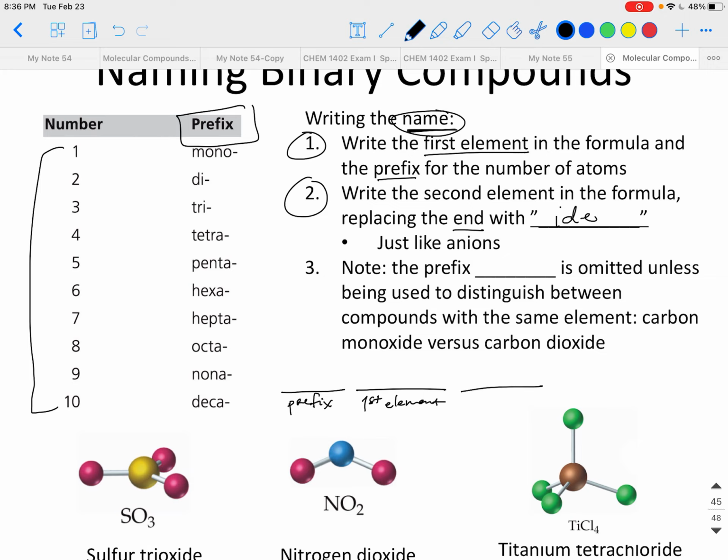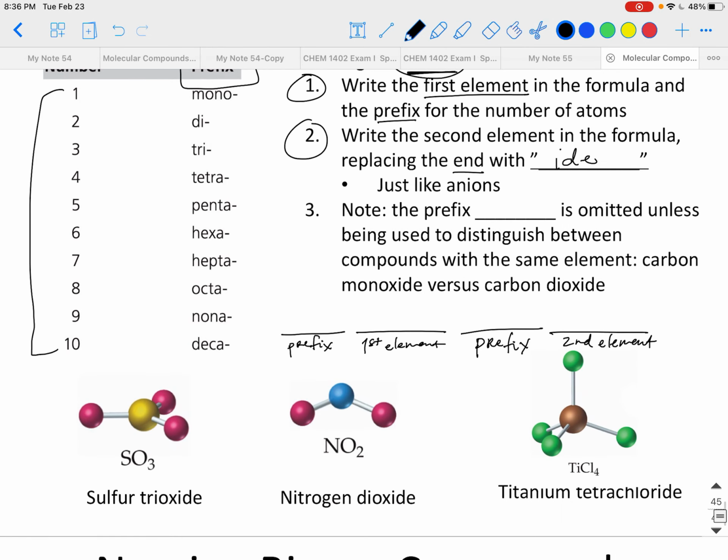So, sorry I don't have that written or typed out, but you're going to write the prefix, and then you're also going to write the second element name. Okay, so rule number 3 before you move on, the prefix mono is omitted unless it's being used to distinguish between compounds with the same element, such as carbon monoxide and carbon dioxide.